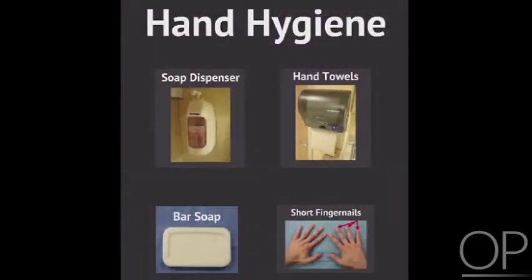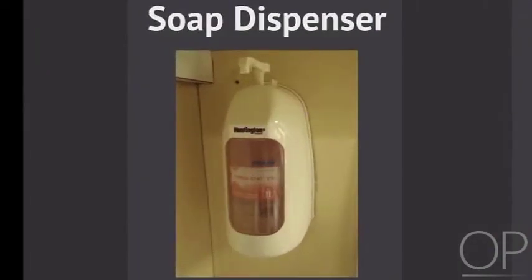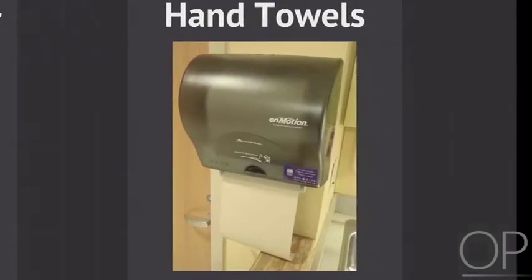Other important aspects of hand hygiene are to dry your hands before patient contact. Moist hands transmit more microorganisms. If you use soap, it should be from a dispenser, and the use of individual hand towels, either paper or cloth, is recommended.